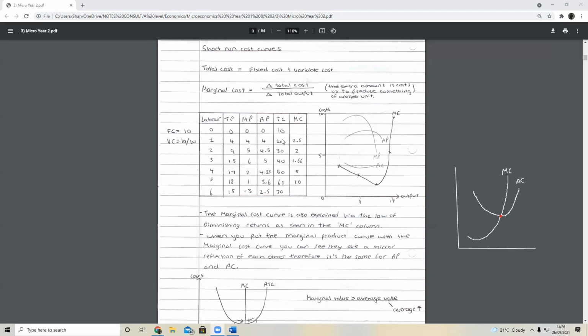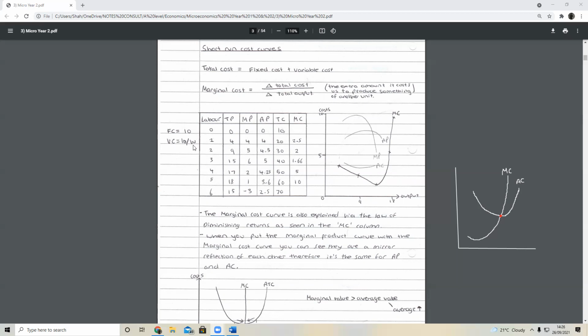And what about total cost? Well, at 0 workers, our total cost is 10. Do you know why? Because that's our fixed cost. Because we're not producing anything, it doesn't matter. Our fixed cost is our fixed cost. We always have to pay it, even at 0 workers, even if the business isn't operating.